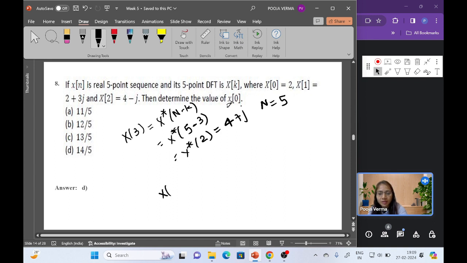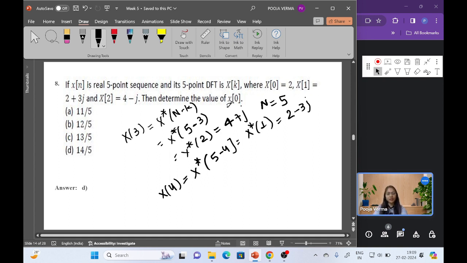And similarly X of 4 we can find as X conjugate of 5 minus 4, that is X conjugate of 1. X of 1 is equal to 2 plus 3j, so X conjugate of 1 will be 2 minus 3j.